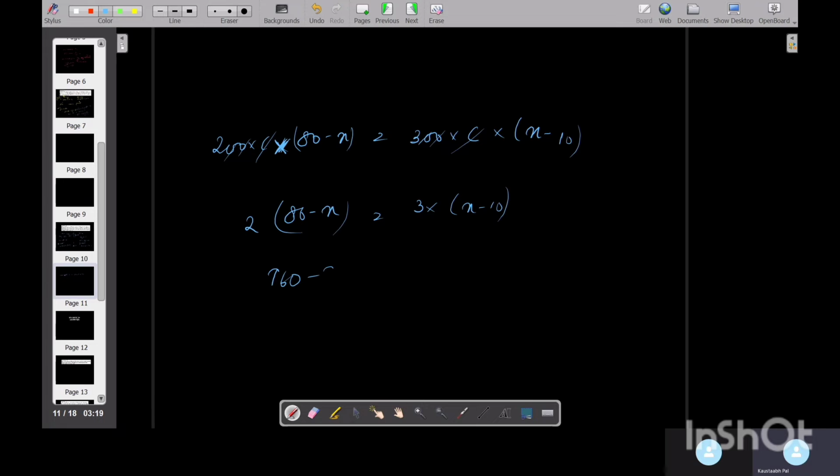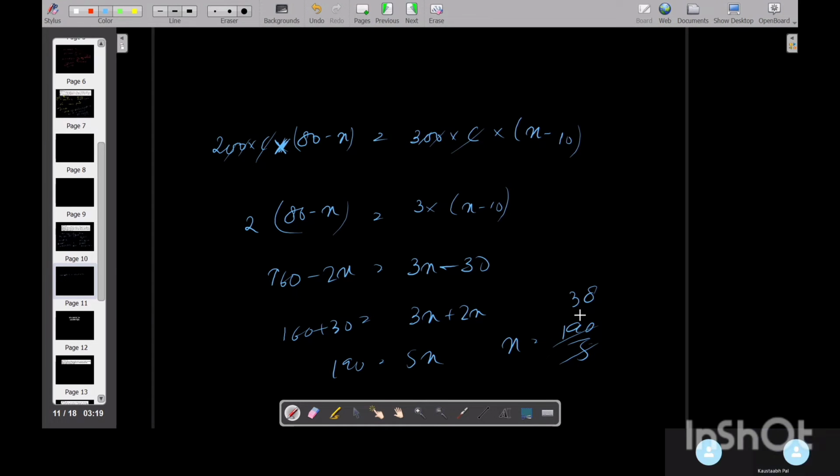So 160 minus 2x equals 3x minus 30. So 3x plus 2x equals 160 plus 30, so 5x equals 190, and x equals 190 by 5. 5 eights are 40, 5 threes are 15, so x is 38. So 38 degrees Celsius is the final temperature.